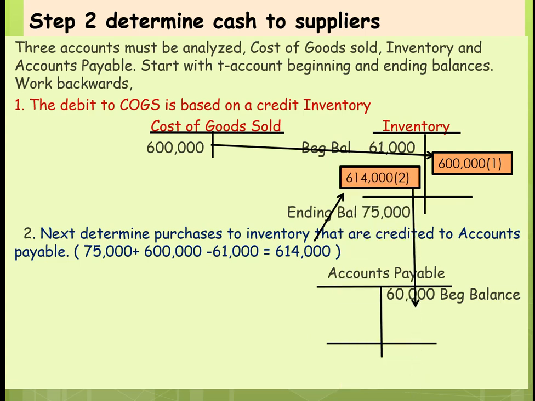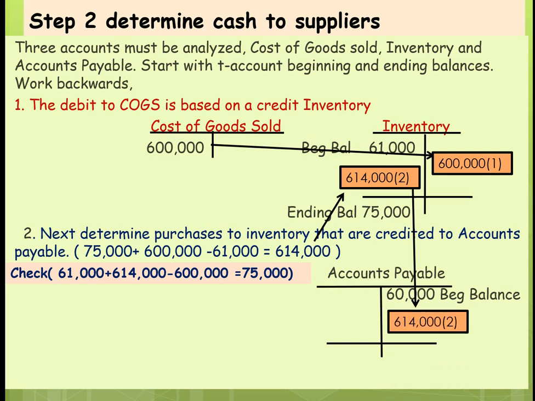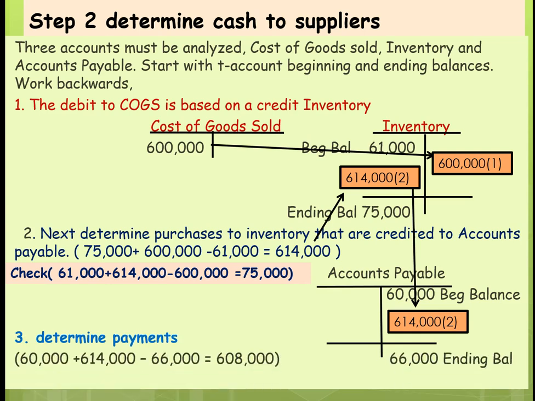And the credit would have gone to accounts payable. And what you always want to do is check your T account. So if you take your beginning balance for inventory plus the 614 in purchases minus the 600,000 you sold, gives you an ending balance of 75, which means you've done it correctly. Now we put the 614 there, and we're going to determine, we know the ending balance is 66.